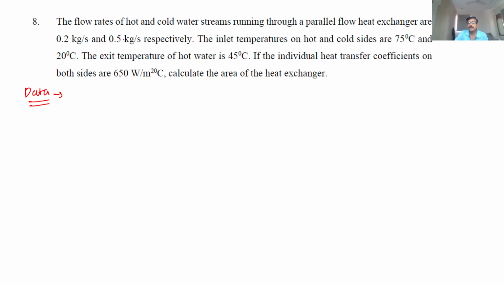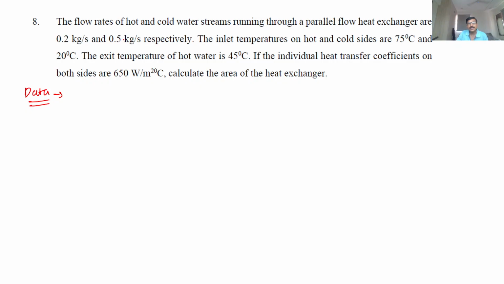When we are talking about condenser and evaporator, there is no question of parallel flow and counter flow. Meaning in a condenser or evaporator, if you solve the problem by considering it as parallel flow or as counter flow, the answers are going to remain the same. Why? Because in condenser and evaporator, one of the fluids is always changing phase. So there is no problem of parallel and counter.